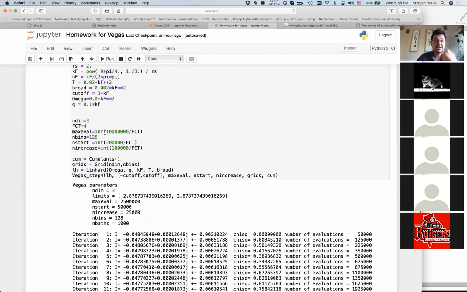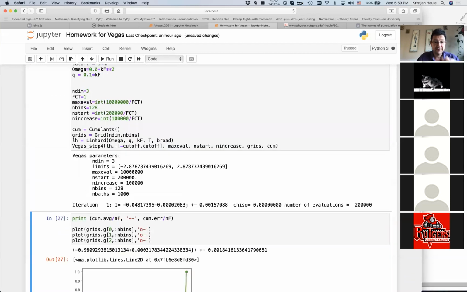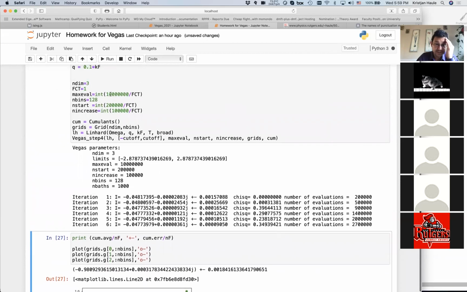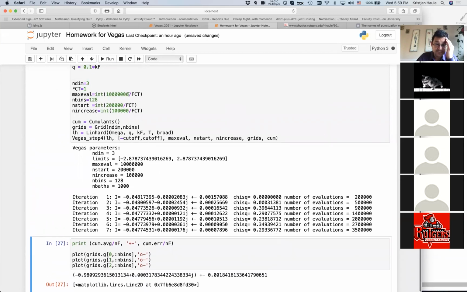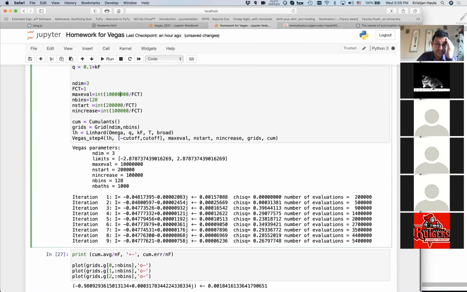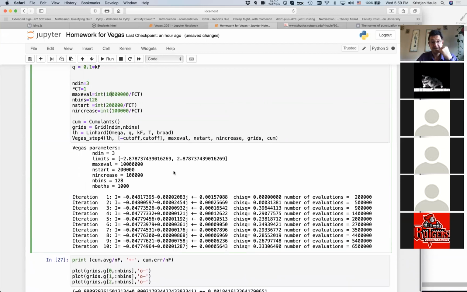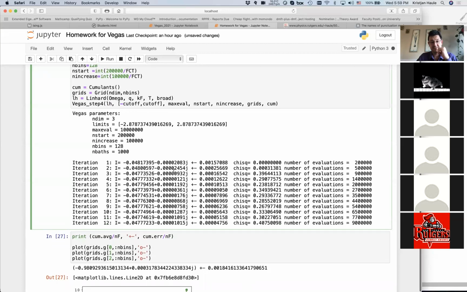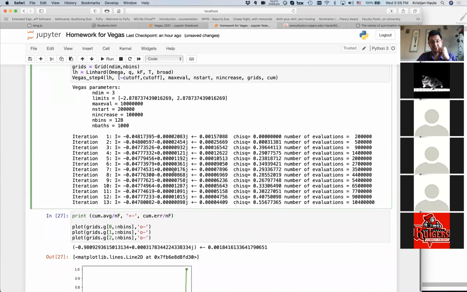Okay, so now we can increase this cutoff to 1, for example, and now we're going to make slightly more function evaluations. Actually, we're going to make them 10 million, I think. 1, 2, 3, 4, 5, 6, yeah, 10 million. And we see that we converge. Of course, the convergence is slightly slower, but we converge to pretty similar numbers at the end of the day.